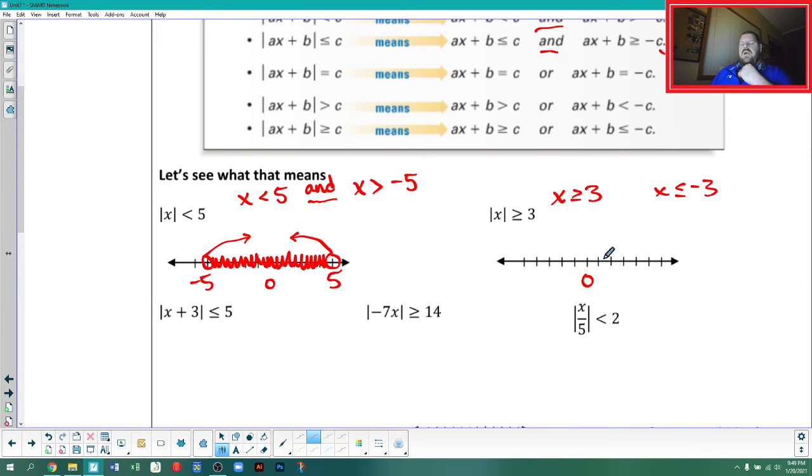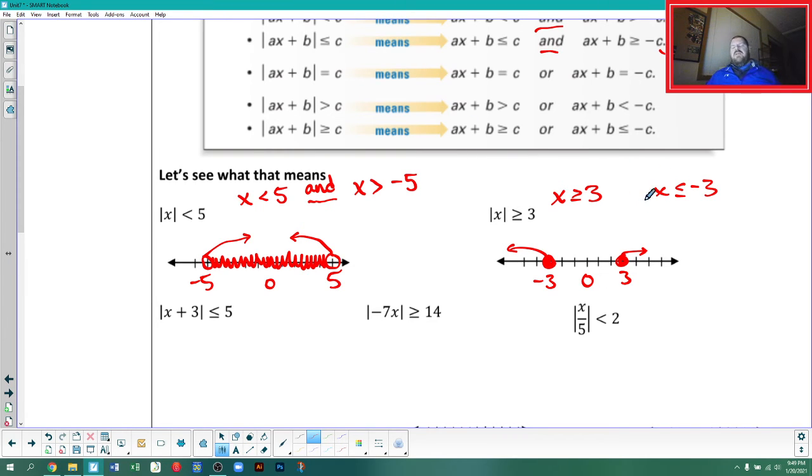If I have 0 here, I have 1, 2, 3 and -1, -2, -3. They are closed circles, and when I graph these, this one's looking for numbers bigger, this one's looking for numbers smaller. They don't overlap at all. So if it was an "and" problem, there would be no solution.